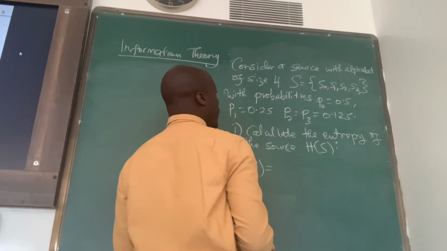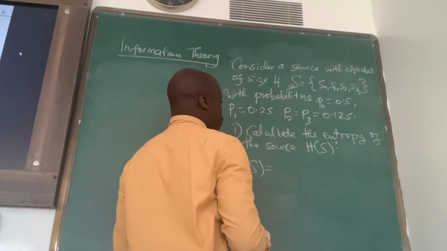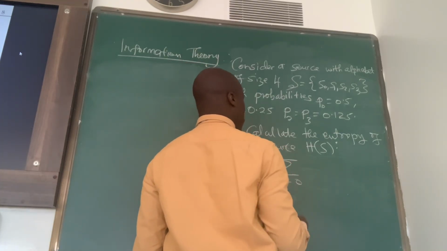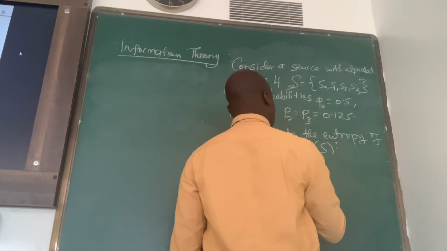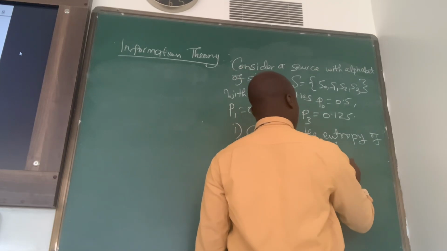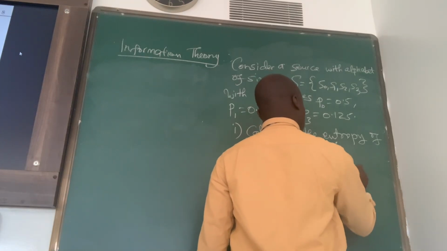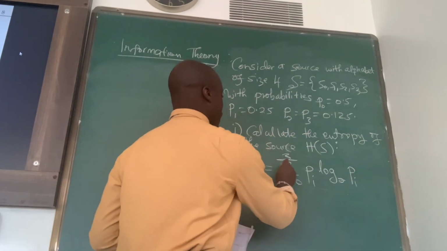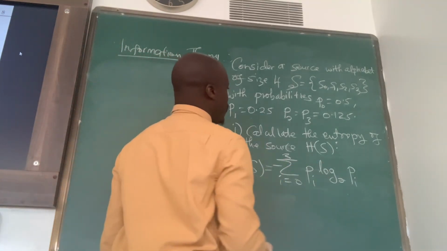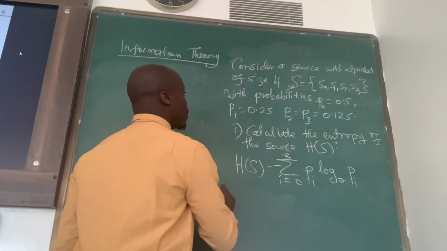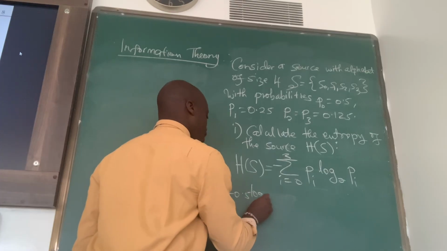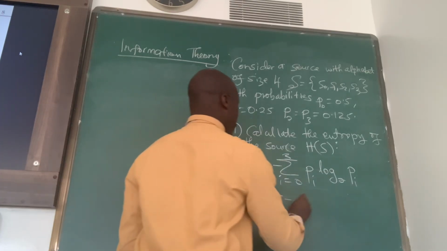It's just going to be the sum from i equals 0 up to 3 of Pi log base 2 of Pi, and I can put my negative outside so that I don't do 1 over Pi. So that's the formula for entropy. When i equals 0, Pi is 0.5, so that's negative 0.5 log base 2 of 0.5.